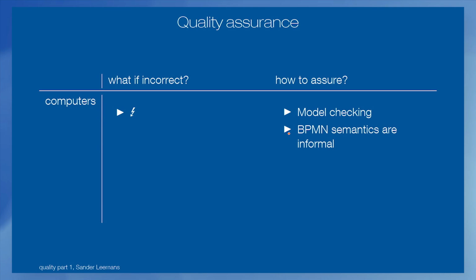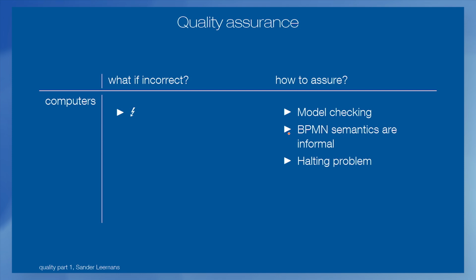Also think of the OR join. If you connect them in two ways, then we've seen in a previous video that gives paradoxes where you can prove that true equals false. Of course, computers will get hopelessly lost with that. Finally, for computers, BPMN is a Turing-complete language, including all the data.